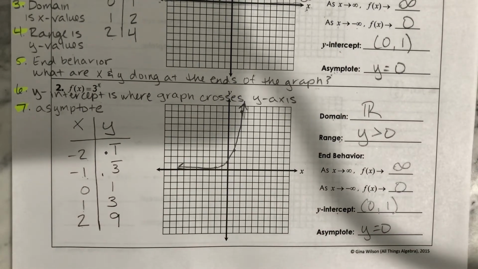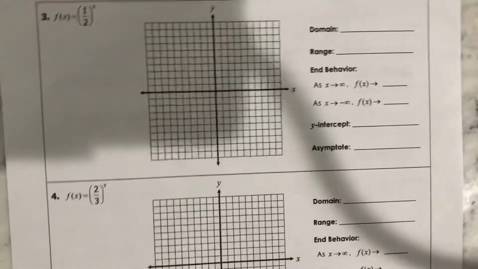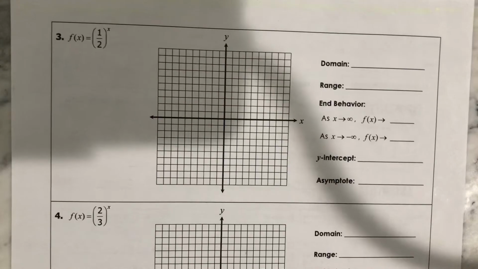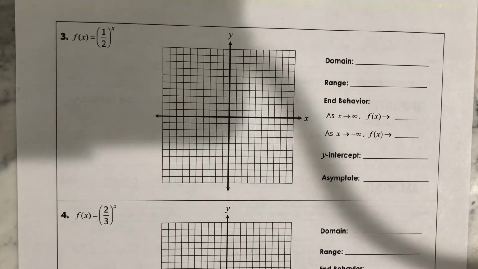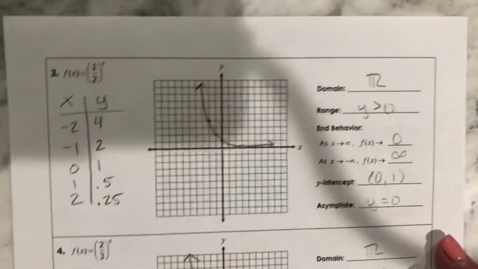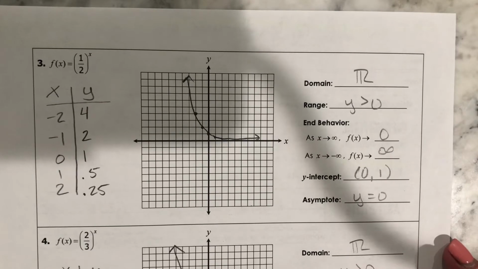All right, so now let's turn our note paper over. Pause the video. You have number 3, 4, and 5 to do. So go ahead and pause the video and try those. All right, let's check your work here. So here's number 3.